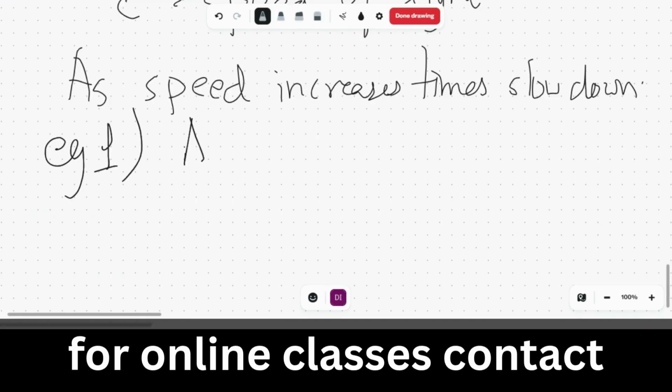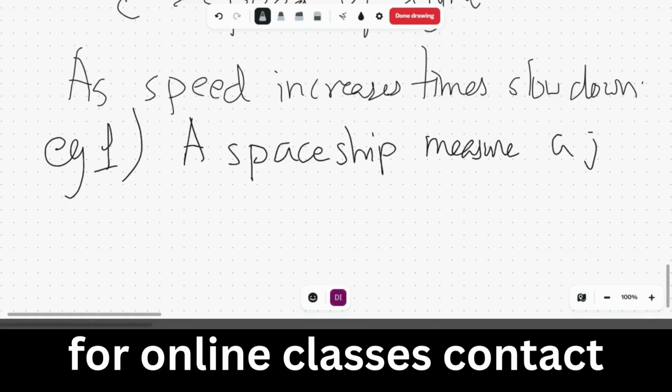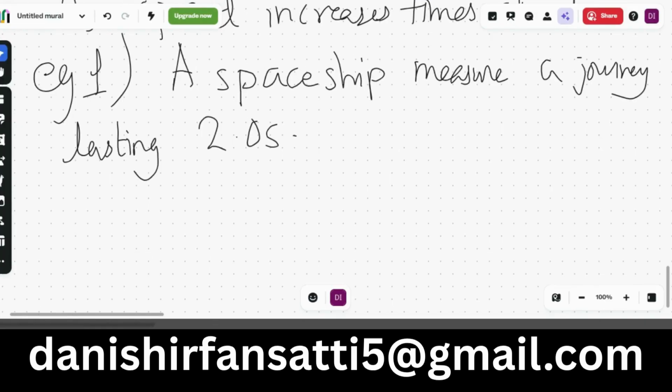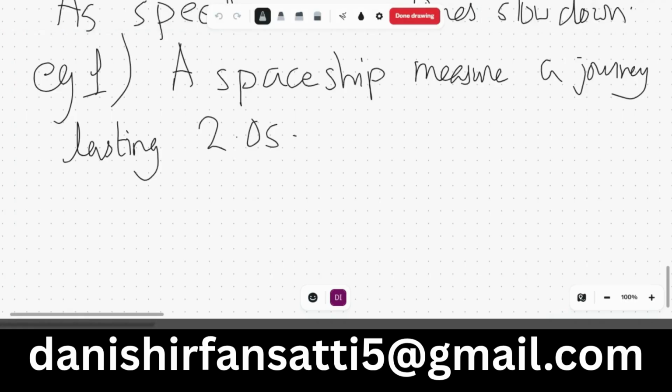A spaceship measures a journey lasting 2 seconds, and it travels at 0.8 c, that is, 0.8 times the speed of light.